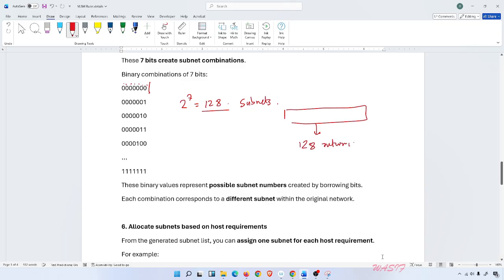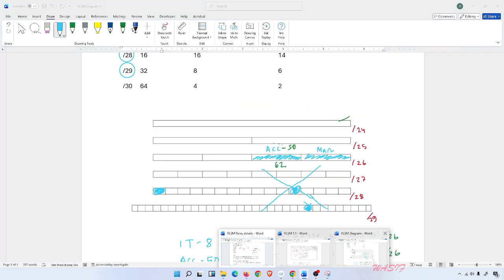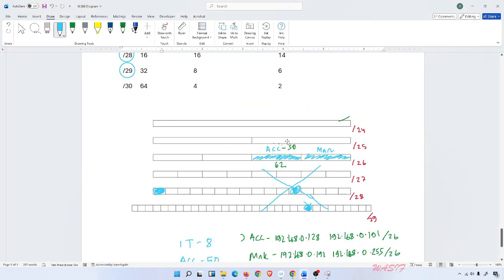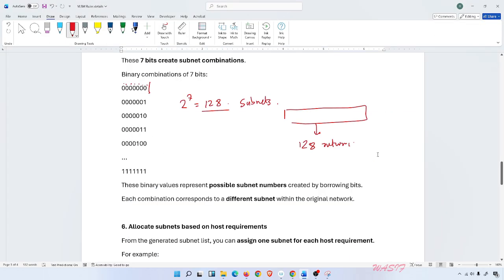For example, we had a big one and we divided it. With /16 it was one big network, and when you did /23, you get 128 networks. These 128 networks can be used for, for example, 128 departments.